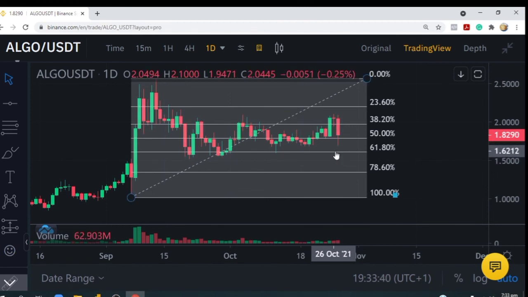So it is very likely going upwards from there if that market is in an uptrend. If it is in a downtrend, you would want to flip the Fibonacci retracement and start drawing from the swing high to the swing low. So that is how to use the Fibonacci retracement.